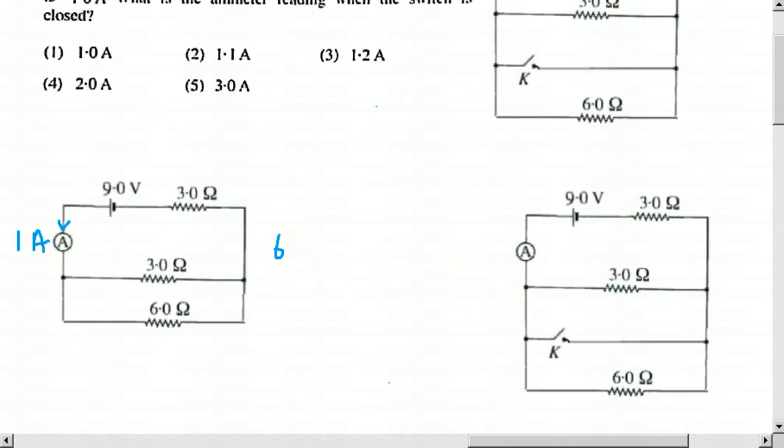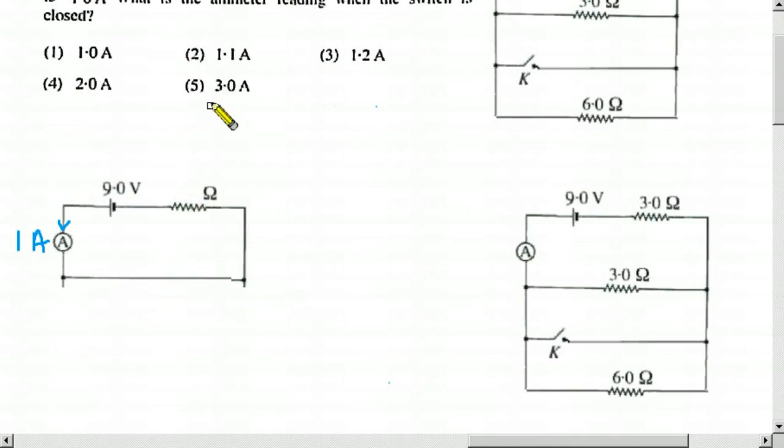Then we don't have to write all these things, instead of this we can write 2 ohm, one resistor, 2 ohm. Then what happens? These two are in series or parallel? Series. Therefore we can add 3 plus 2 is 5.